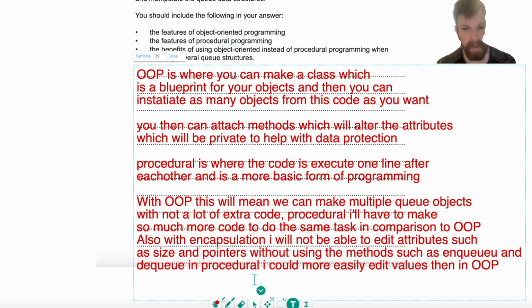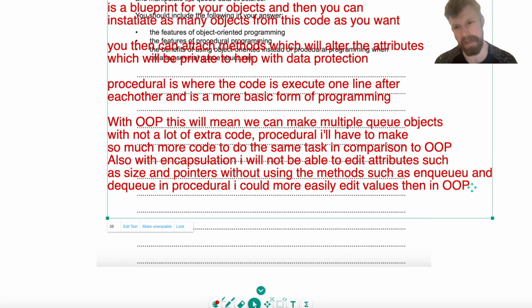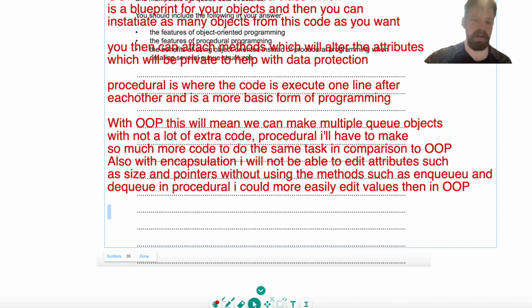Okay, so I've made my points. Now let's make it a little bit more evaluative. I always think with the evaluation that you do kind of end up making a couple of evaluative points anyway, but let's really hammer it home just to get into that top mark band.